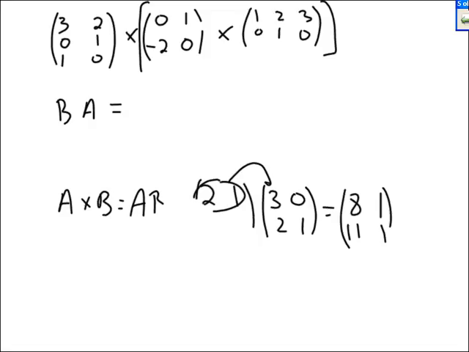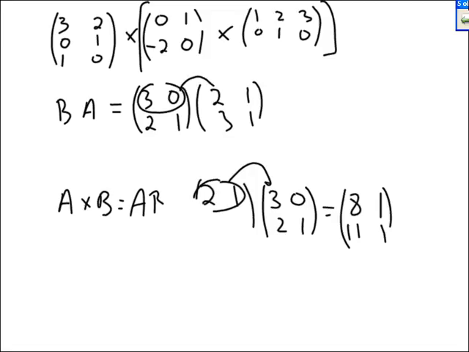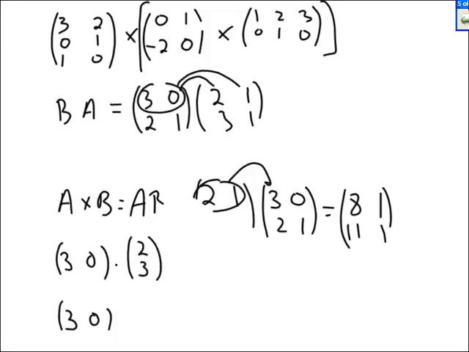Well, matrix B is [3, 0; 2, 1], and matrix A is [2, 1; 3, 1]. So I'll dot the first row with the first and then the second column. [3, 0], I dot it with the first column, and then the second column.